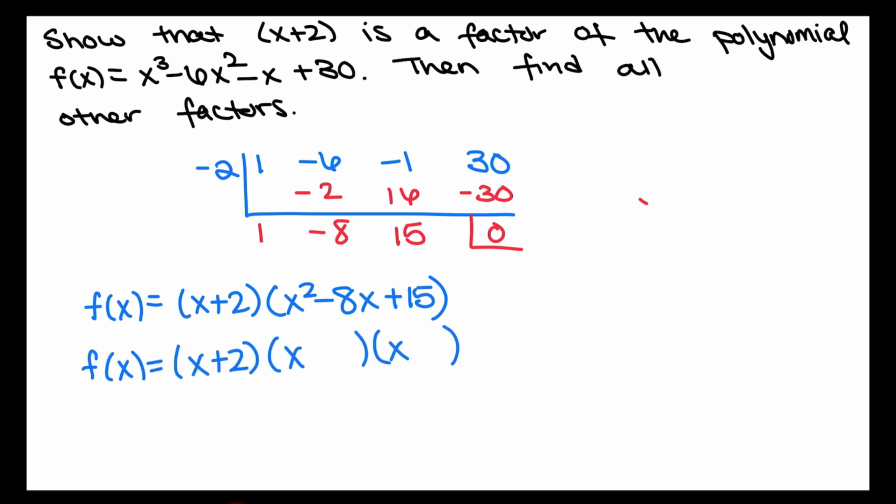I need a product of 15 and a sum of negative 8. 5 times 3 is 15, and if they're both negative, it adds up to negative 8. So my polynomial can be factored as x plus 2, x minus 5, x minus 3. This also means that x equal negative 2, x equal 5, and x equal 3 are zeros of that polynomial.